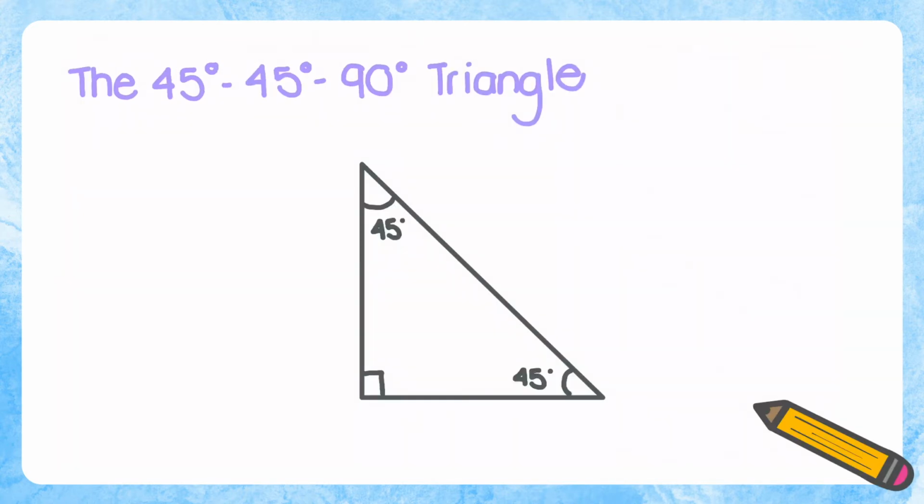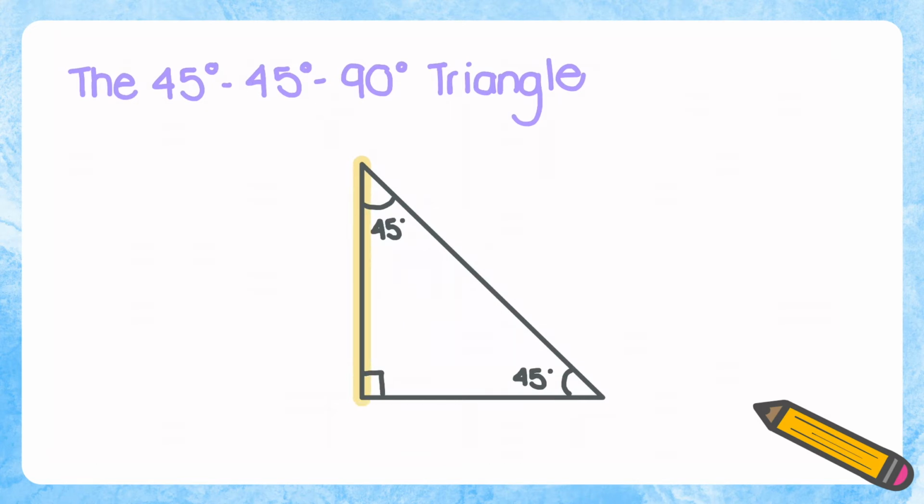So we were able to find this special right triangle, and the condition for this special right triangle is that the angle measures are 45 degrees, 45 degrees, and 90 degrees. In this case, the legs are the same length.